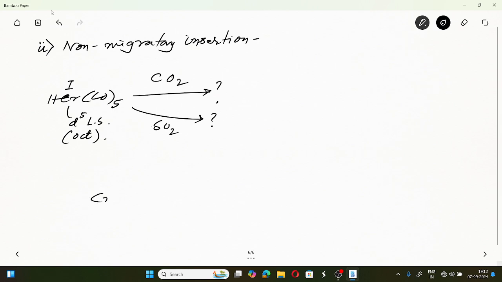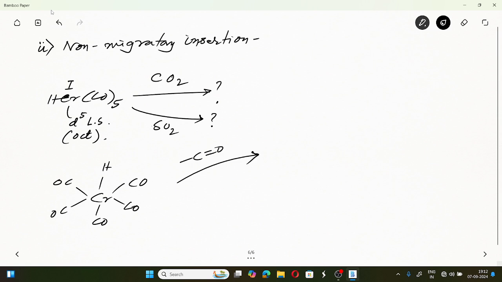So you have to understand that this is a case where, এরম যদি reaction হয়, you have to remember যে দেখো এইটা হচ্ছে নন মাইগ্রেটরি ইনসারশন. কিরকম নন মাইগ্রেটরি ইনসারশন? অ্যাকচুয়ালি এই যে ধরো আমরা যদি প্রথমে কার্বন ডাইঅক্সাইড দেখাই CO2, এই কার্বন ডাইঅক্সাইড, you know it is a linear molecule.